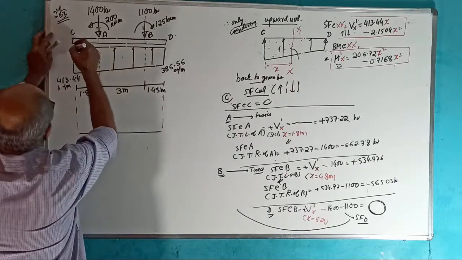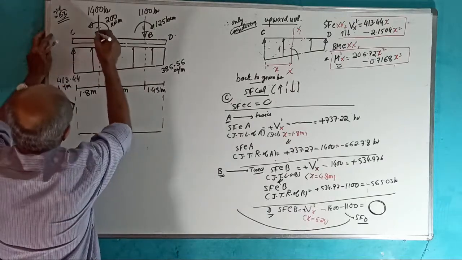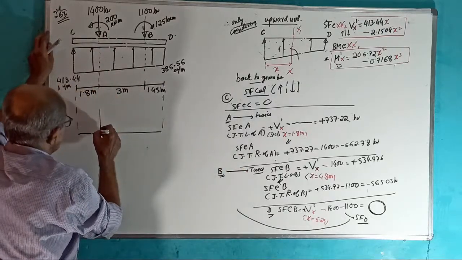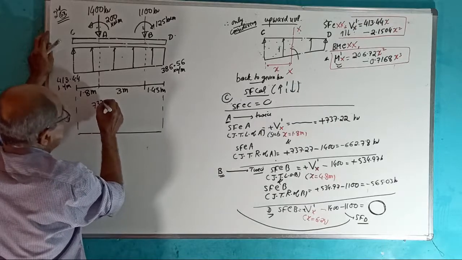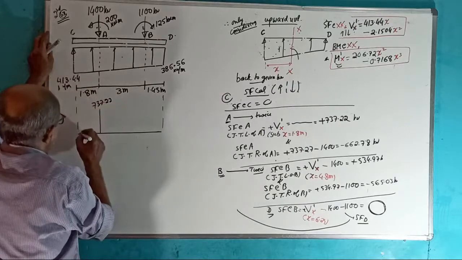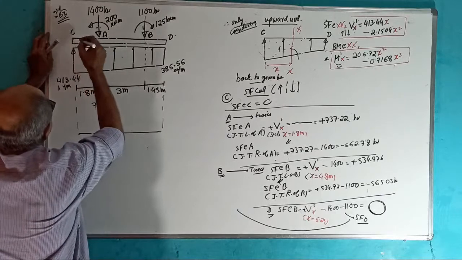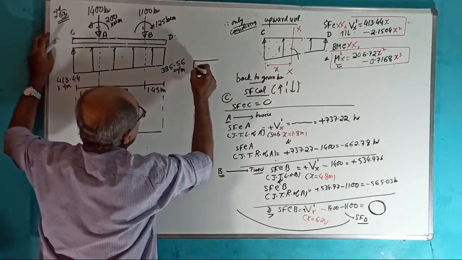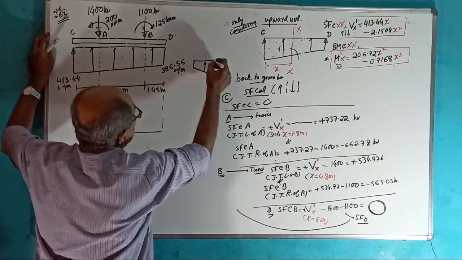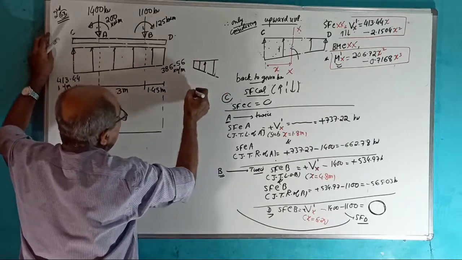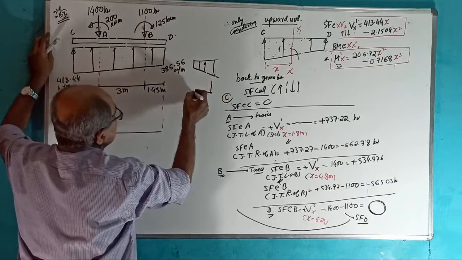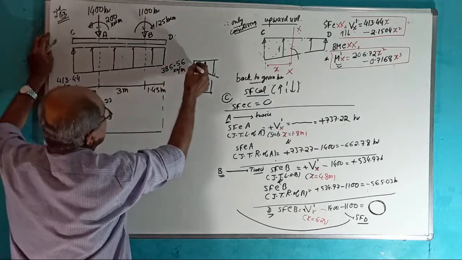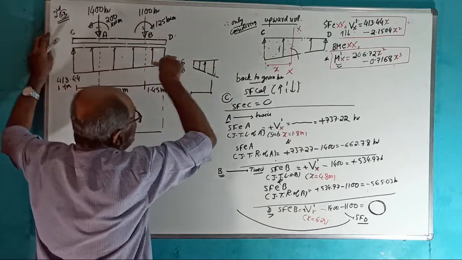See now, shear force is 0 here. Just to the left of A, it is plus 737.22. Now see, last time's question, the UVL was this way. Here it is 0, and as you go this way the intensity increases.